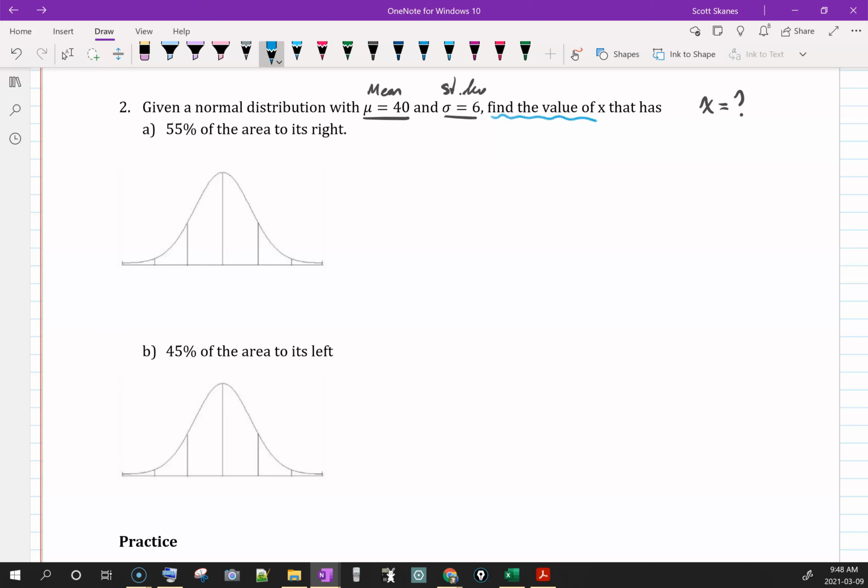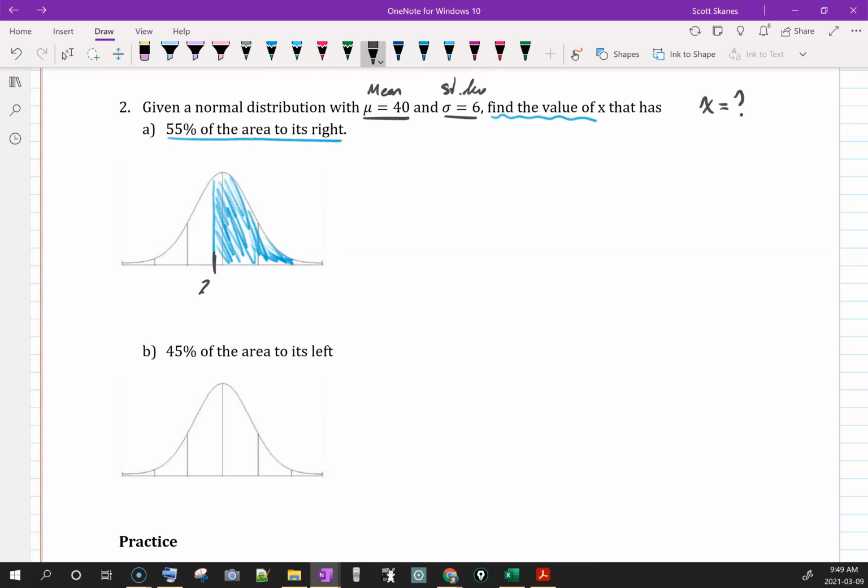So, 55% of the area to its right. Half of this probability distribution is 50%, which means that 55% is probably about, I don't know, let's say this much. So I'm just drawing a sketch here.